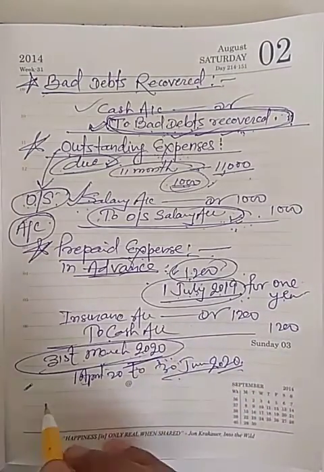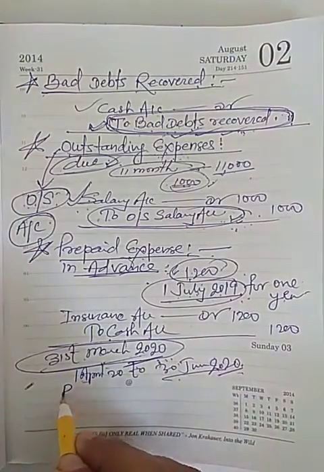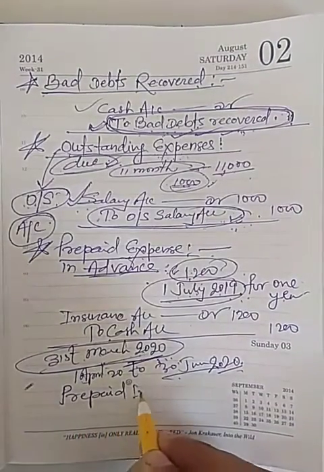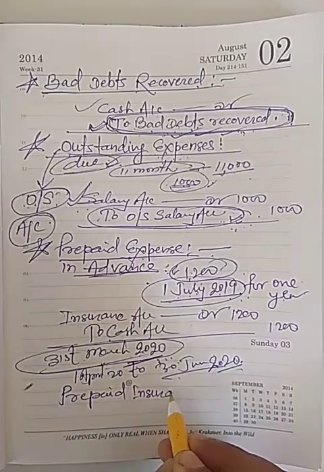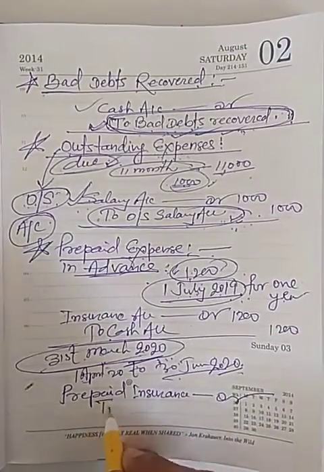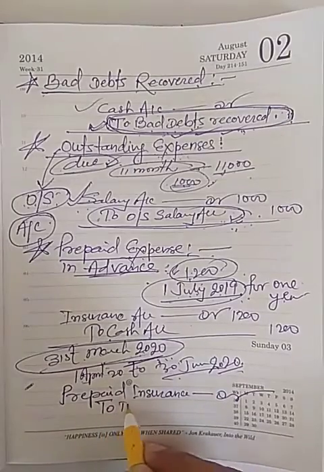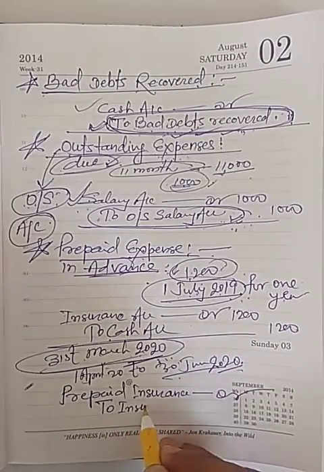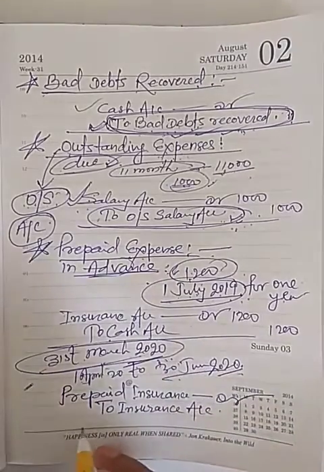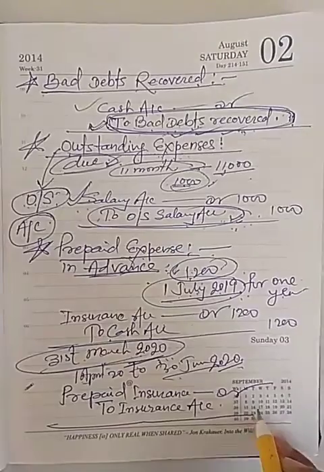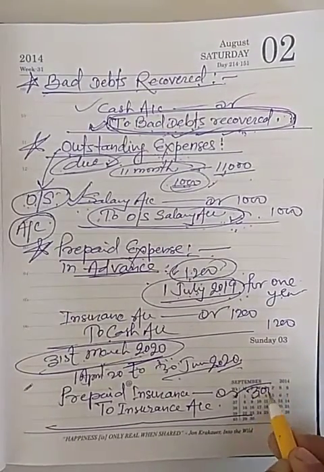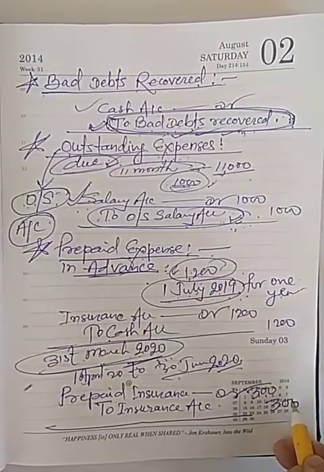The journal entry will be prepaid insurance account DR to insurance account. Now the amount will be 300 only, for 3 months.